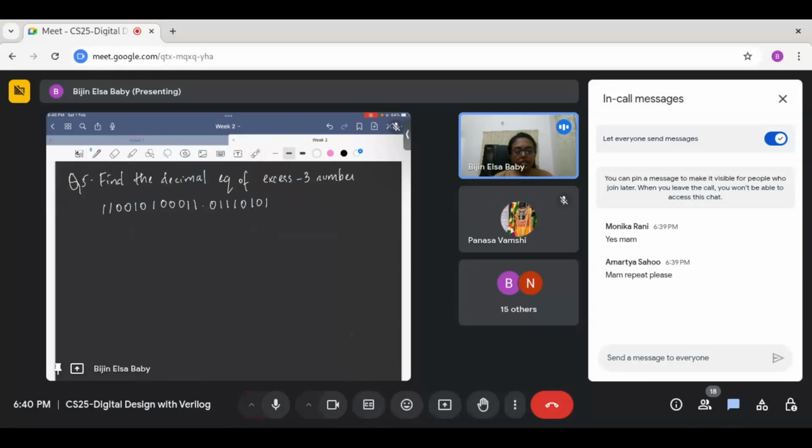You need to find the decimal equivalent of the X3 number. The number is 1 1 0 0 1 0 1 0 0 0 1 1 point 0 1 1 1 0 1 0 1.